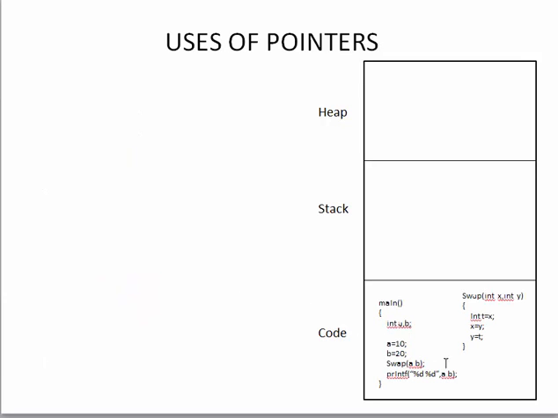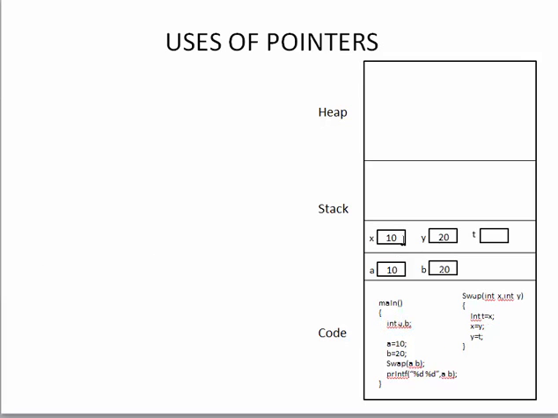Once the program is loaded in the main memory, the main function will start executing. Once main starts, the memory is allocated for variables in main, so A and B. Then main calls the swap function. Once swap executes, the memory is allocated for variables in swap, like x, y and t, and the values of A and B will be copied here.